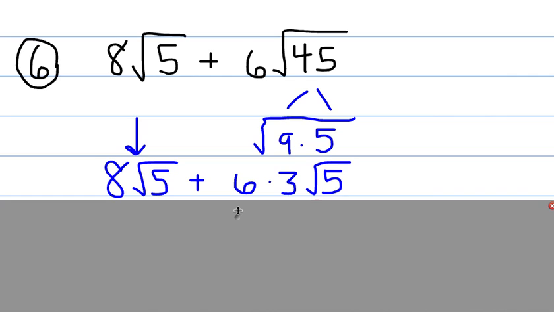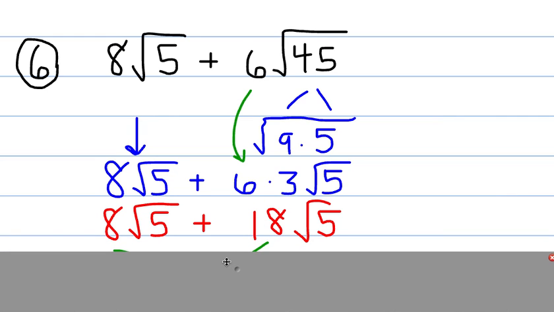So we can pull the 3 out front of the radical, and the 5 will remain in. And our 6, we just pull that down since there's nothing we can do with it when we're simplifying this. So we're going to have 3 times 6 out front of the square root of 5, which will give us 18 times the square root of 5.